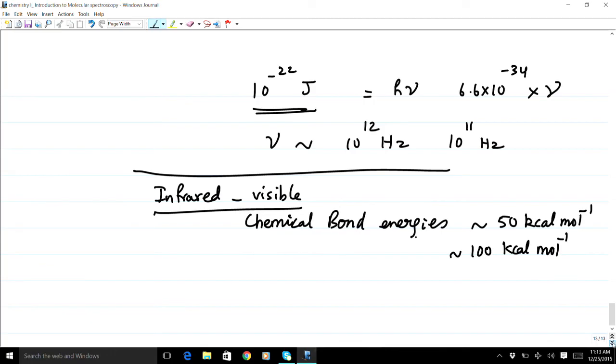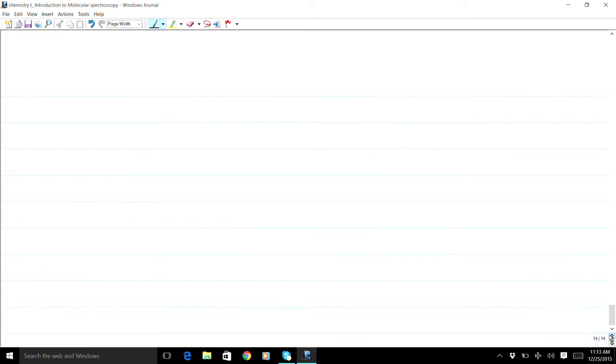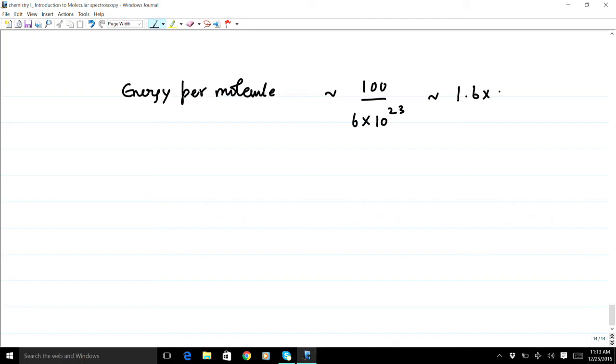And a mole is of course an Avogadro number of molecules. So, if you are looking at bond energy per molecule, let us assume 100 divided by the Avogadro number, 6 into 10 to the 23. So, you are looking at about 1.6 times 10 to the minus 22 joules.